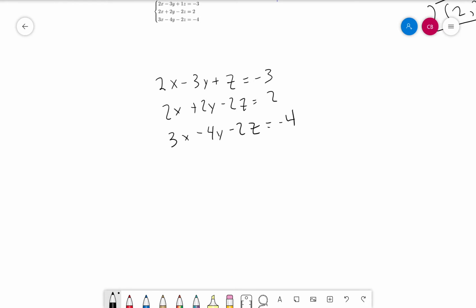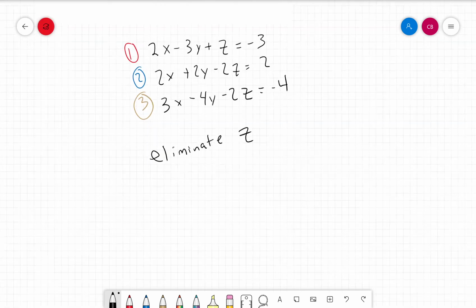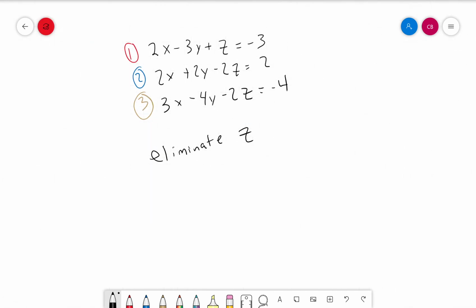So let's do elimination here. I'm going to eliminate z, so I'm going to call these problems 1, 2, 3. We're going to eliminate z. I'm just keeping track. And so I'm going to do 1 and 2. So let's do 1. 2x minus 3y plus z is equal to negative 3.